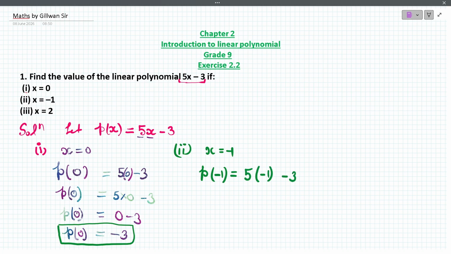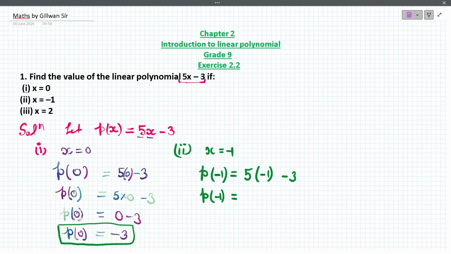We have substituted the value in brackets because it is helpful in our calculation part. It will help us in calculating the given polynomial at the given value of x.